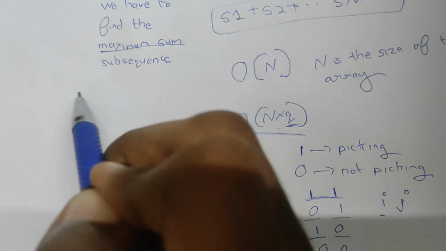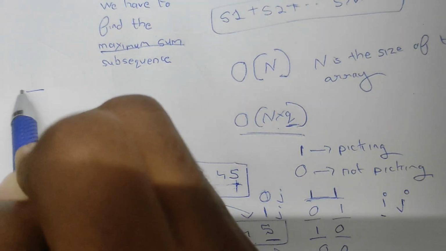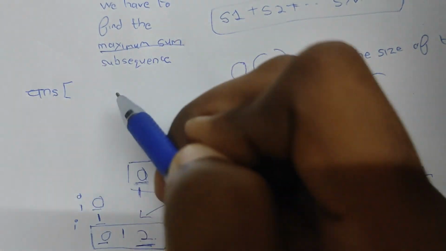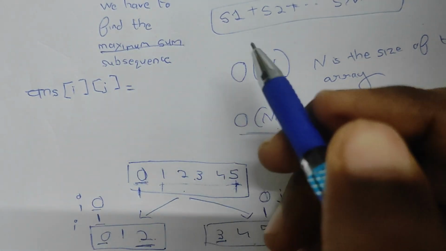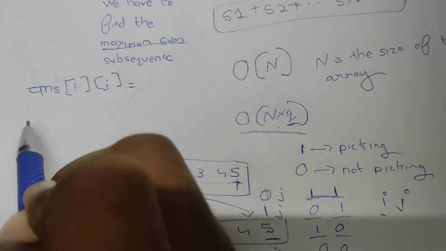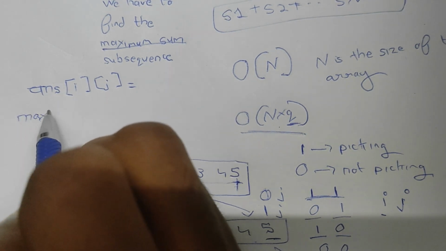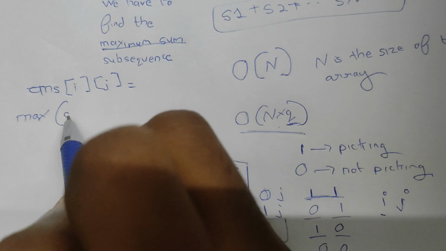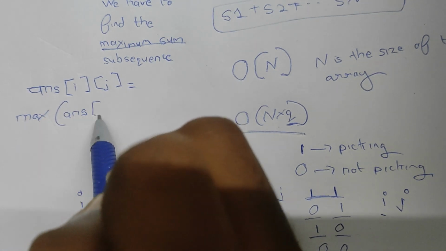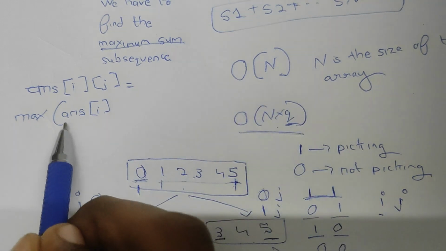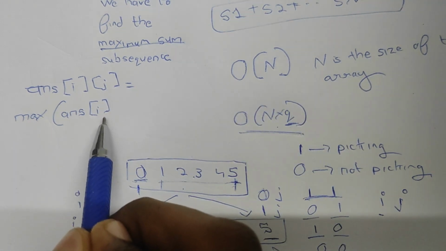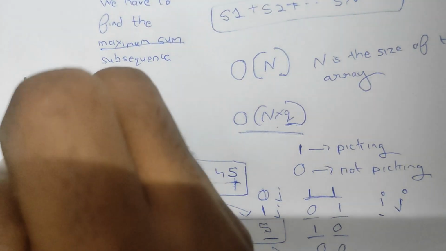decided according to this. So the answer of I, j will be equal to the maximum of ans of I. This ans I is for the child node. Okay, wait, I will write parent instead of child.